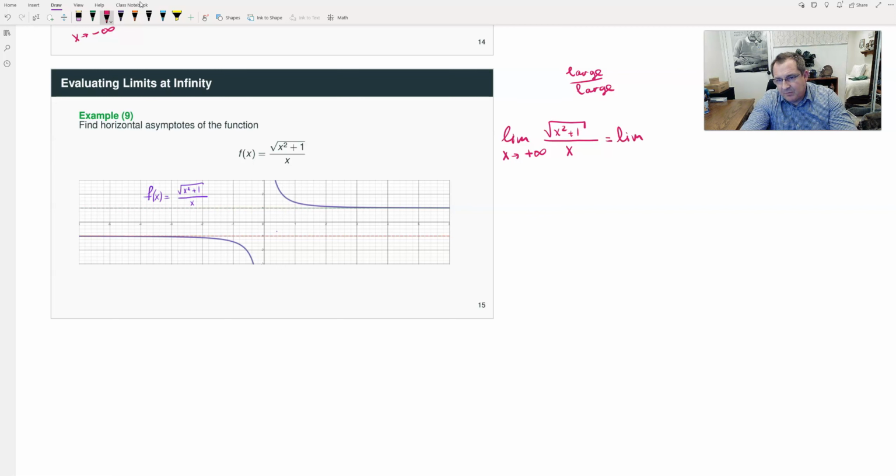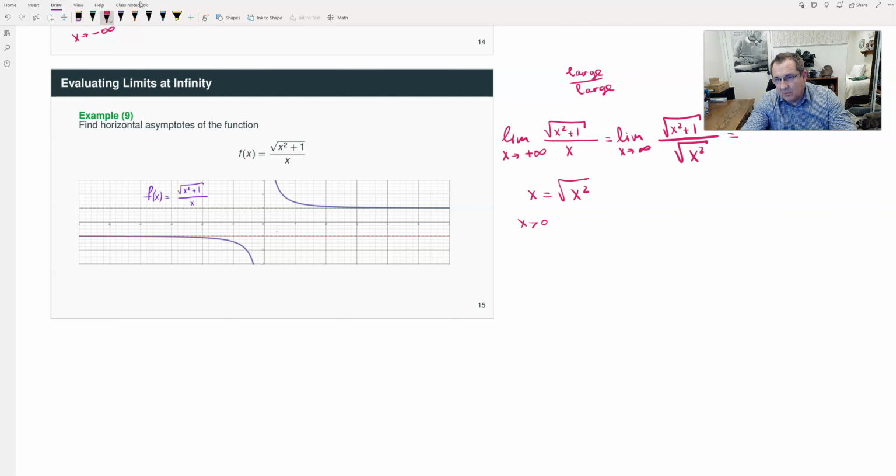We're going to copy the x goes to infinity. We're going to copy the numerator, square root of x squared plus 1. And what we will do, we will replace x with square root of x squared. Notice that when x is positive, that's a correct statement to make. So here I will put square root of x squared.